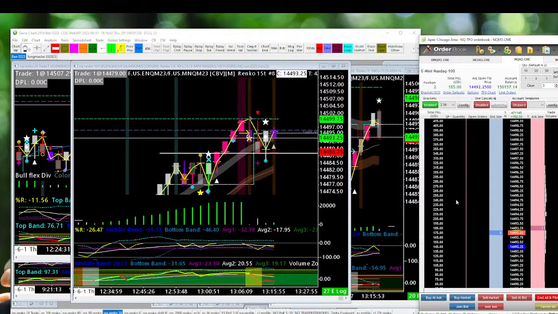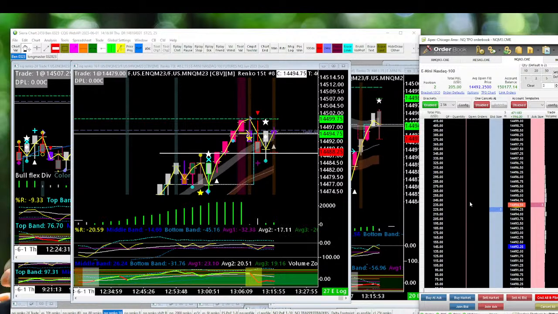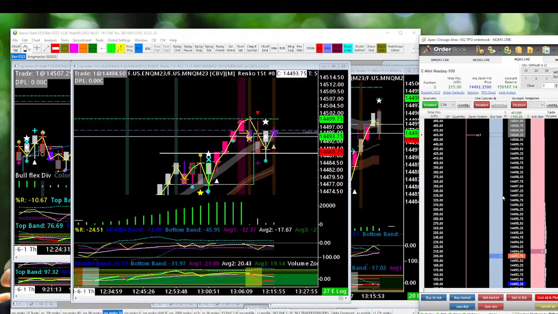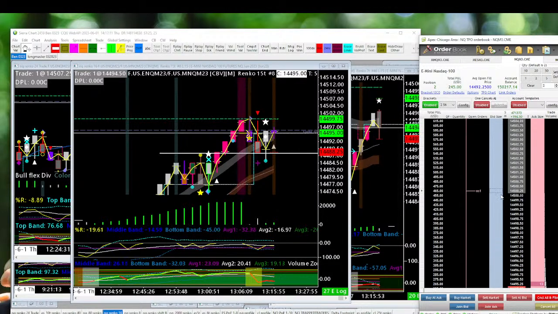Wow. I expected this to go pretty easily. But I'm not going to move my stop. I mean, nothing's changed. I just didn't expect them to fight back. So we could probably go a little higher because all the stops are up here.